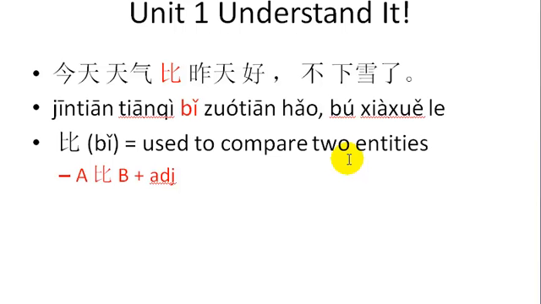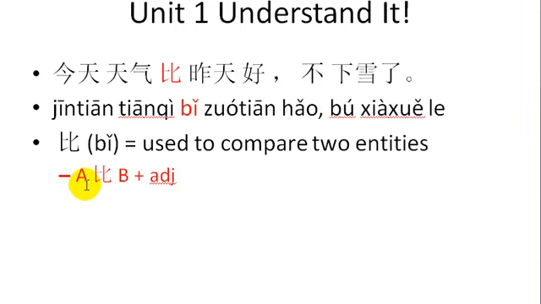In English we would say, today's weather is better than yesterday's weather. So we have today's weather, then the construction is better than, and then the comparison, yesterday's weather, right? In Chinese, they do it a little differently.